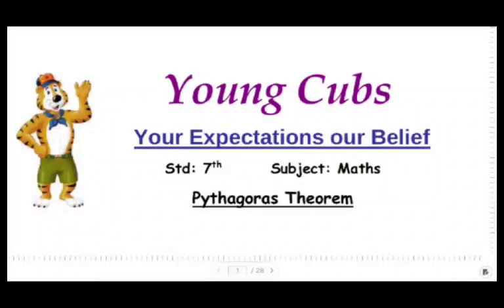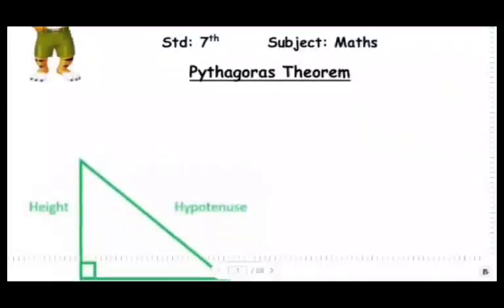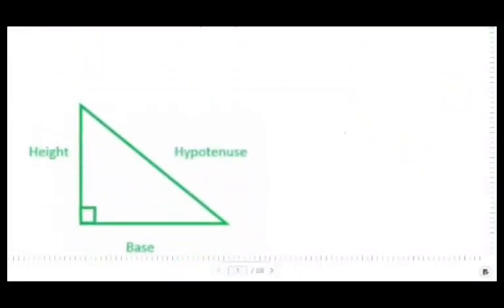We have three types of triangles based on the angle size. One is if the angle is less than 90 degrees, it is known as an acute angle. Just a rough diagram for you.